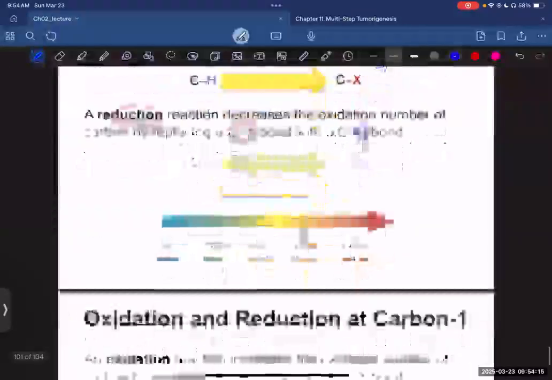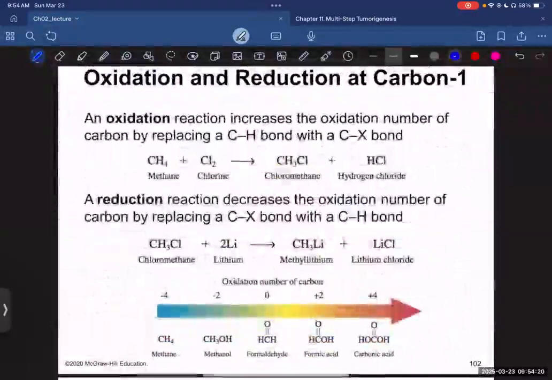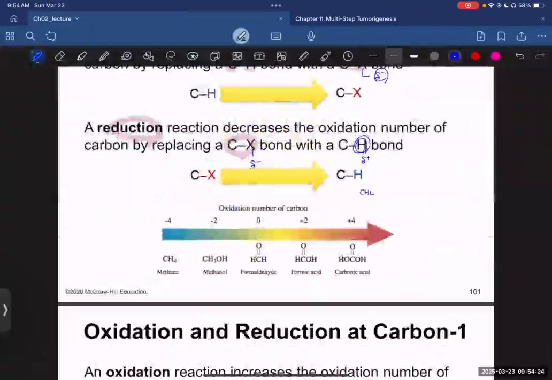And so when we actually take a look at the previous combustion reaction, for example, when we looked at methane plus oxygen causing the production of carbon dioxide and water, this is also an oxidation reduction reaction, because if we look at carbon, we're able to see that it was in its most reduced state.